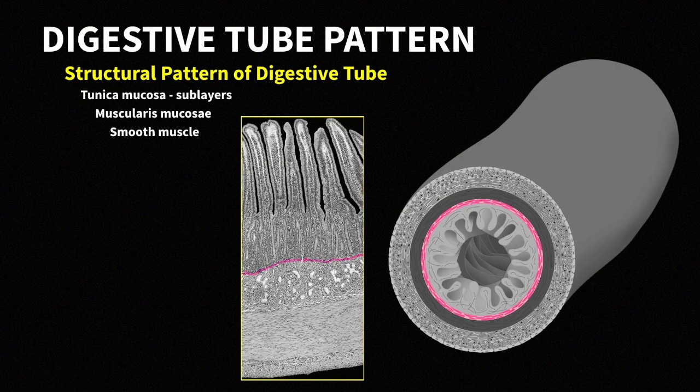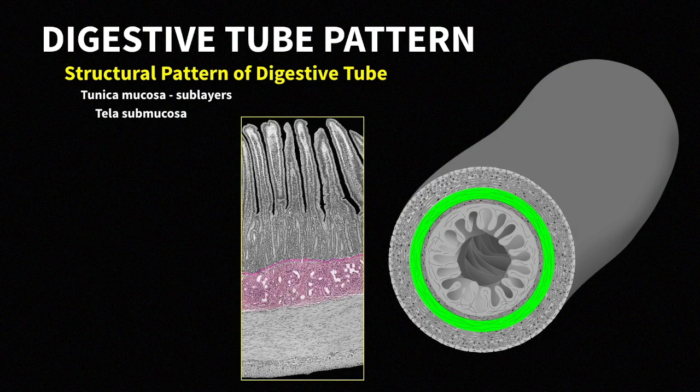The final component of the mucosa is the tela submucosa, a layer of vascular loose connective tissue that contains the vessels that feed and drain the capillaries of the lamina propria, while its collagen and elastin fibers permit the considerable size changes that accompany the function of the digestive tube.